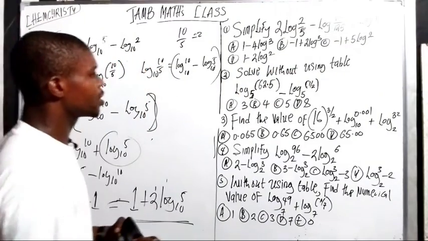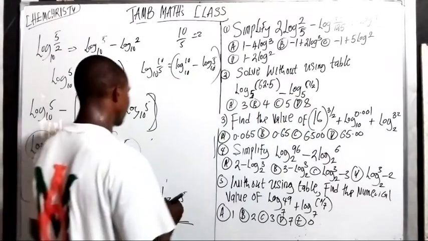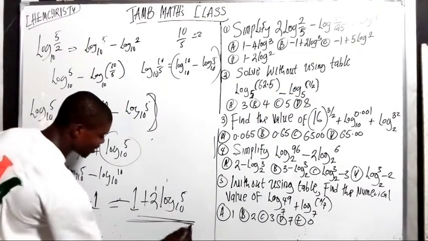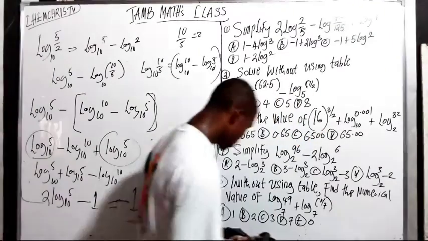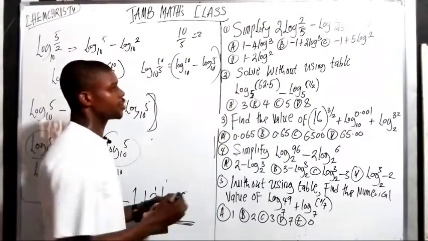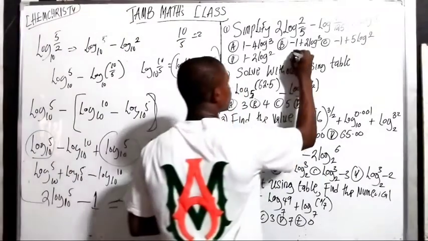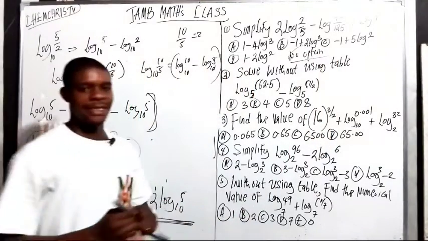So I don't think this question is correct. There's no option here. No option, yes, no option. So this is the answer, but no option. Do you understand? You just say no option. That is it.